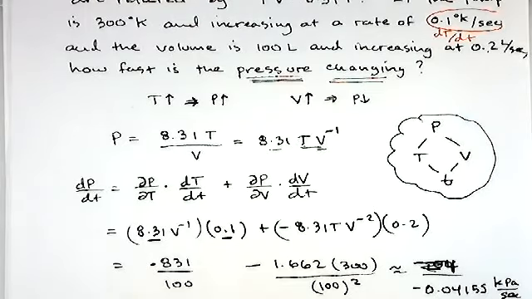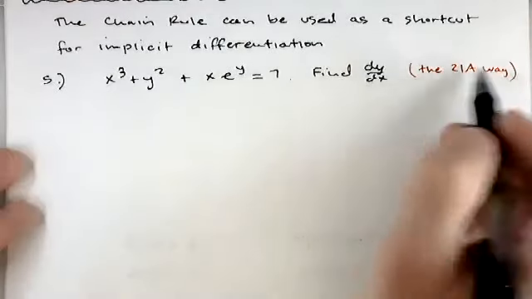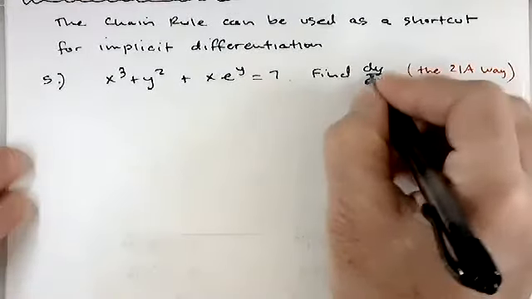All right, chain rule. Here's another neat thing about the chain rule: it can be used for implicit differentiation. Remember implicit differentiation from 21A? If you don't, worry not, we're going to review it really quickly here.